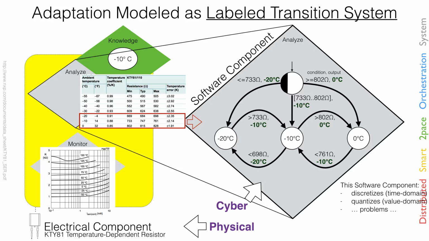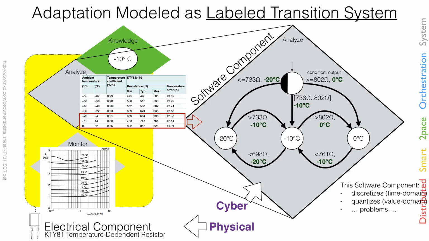And if the temperature would fall now again, in this case below 761 ohms resistance, then we would go back from the 0 degrees to the minus 10 degrees in the middle, and so on. Okay, so this process discretizes and also quantizes, because we just have these steps between below 733, then 733 to 802, and above 802, which is a quantization.